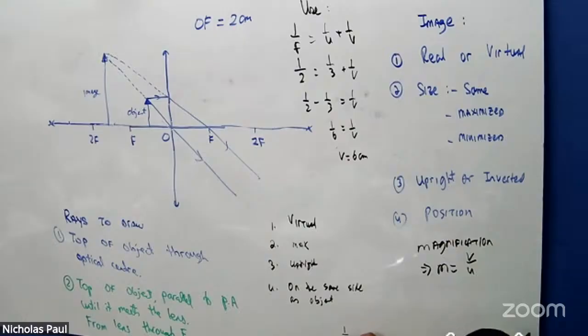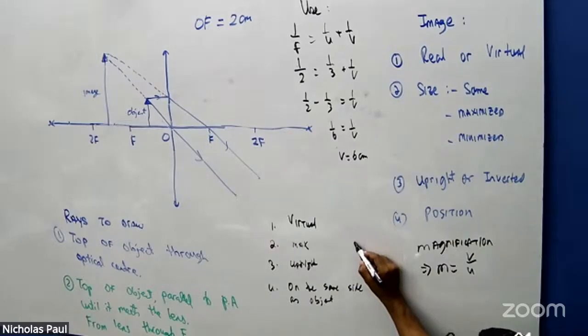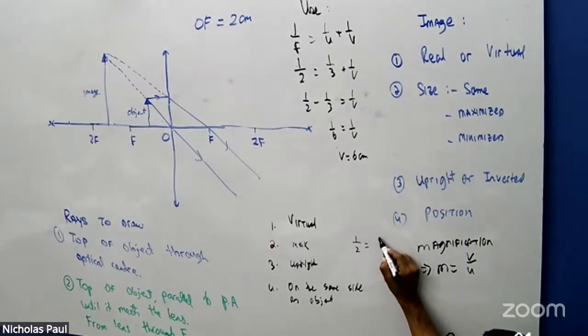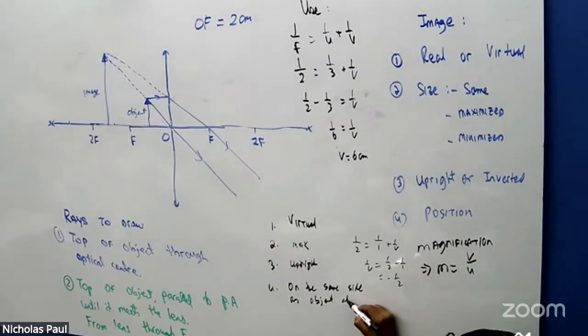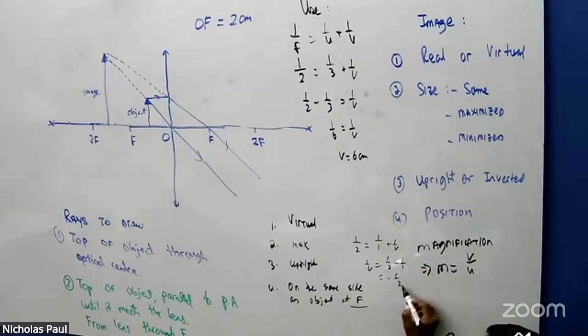That's not it. Let's work it out and make sure, right? So that's 1 on 2 is equal to 1 on 1. So you'll get 1 on v is a half minus 1, you'll get minus a half. Correct? Okay. That's right. What does the minus sign indicate?